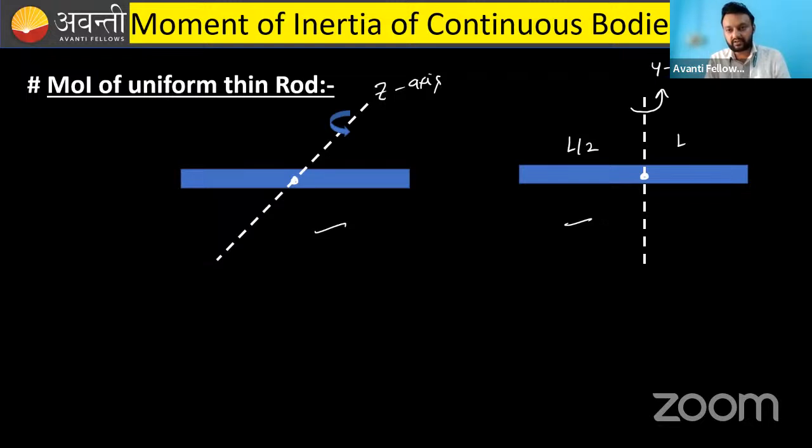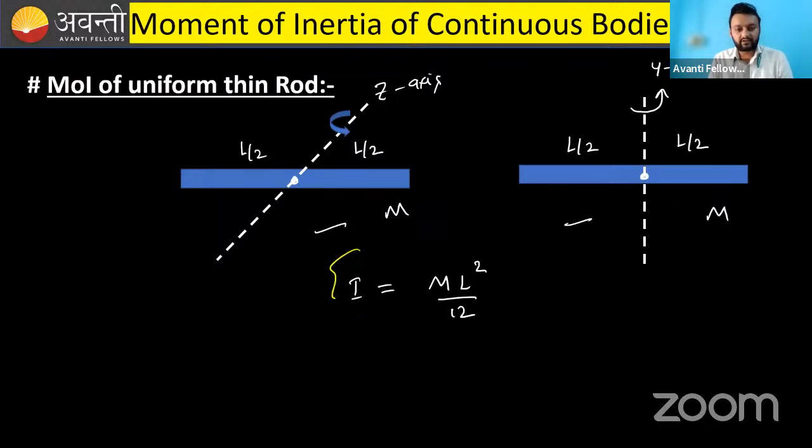This is L by 2, this is L by 2, and the mass of the rod in each case is m. Then the moment of inertia of the rod in both cases will be m L square by 12.